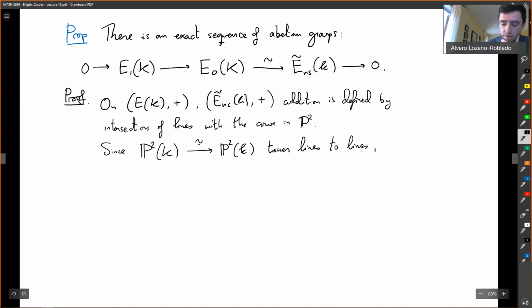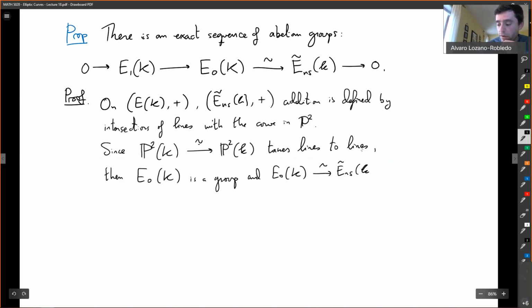Then E naught of K is a group, and the map from E naught of K to E naught tilde of k is a homomorphism.